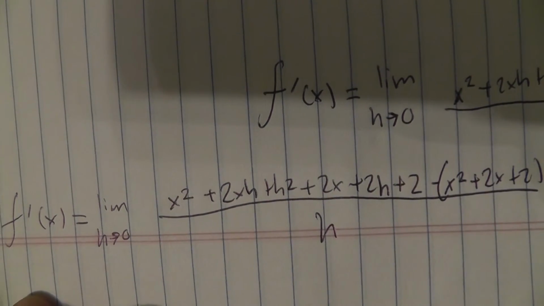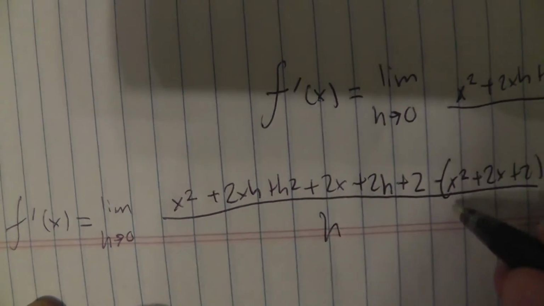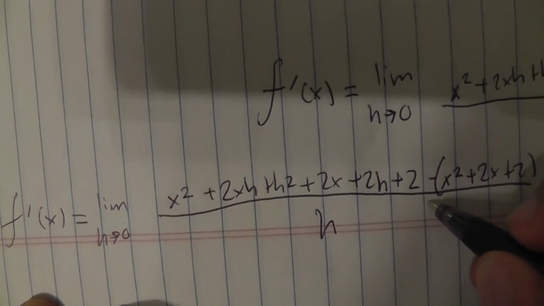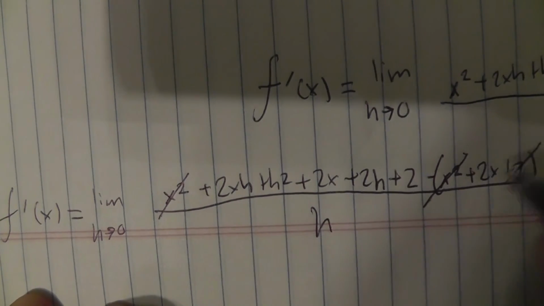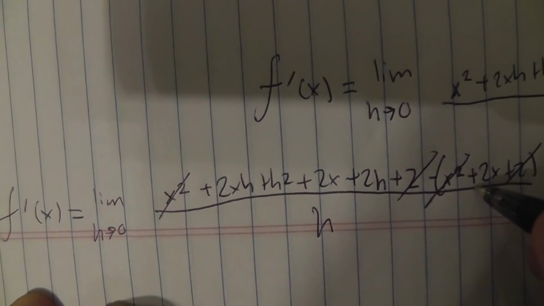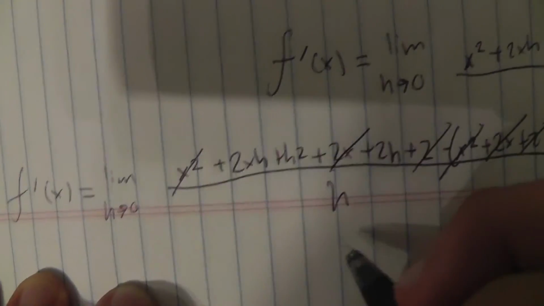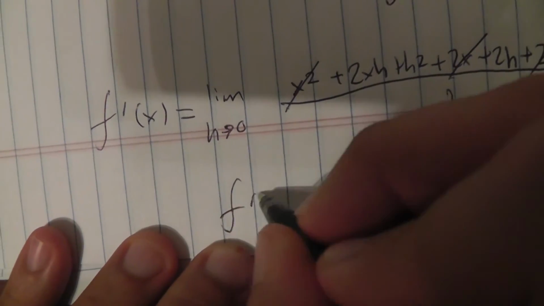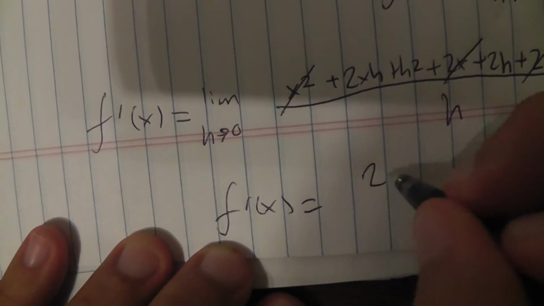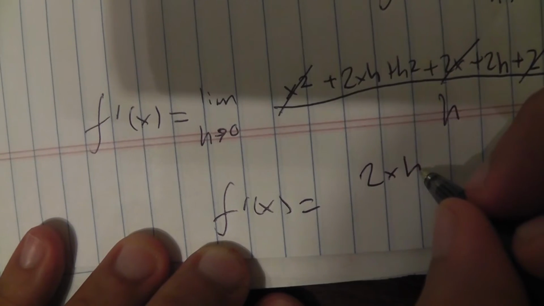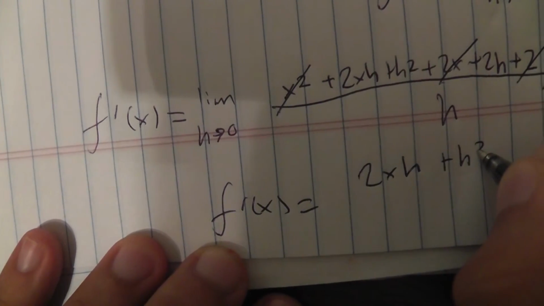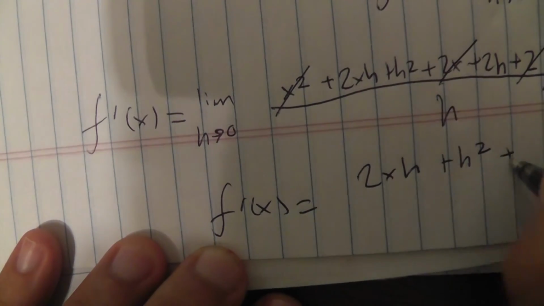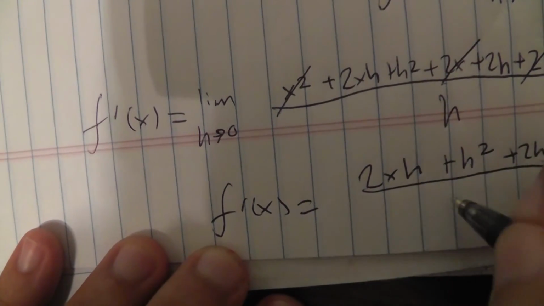Well, subtracting like terms, we can subtract x squared on both sides. Subtract this and this, subtract this and this, and we get 2xh plus h squared plus 2h all over h.